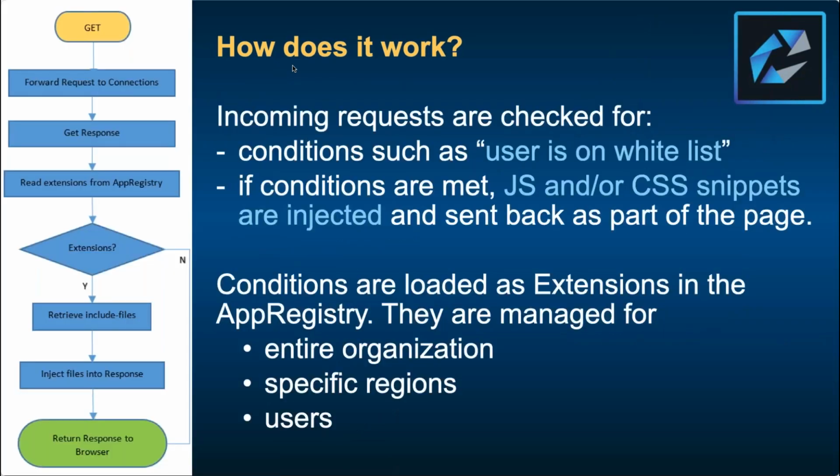And another way to put this is here in this flow diagram to see how the actual process works. So the user forwards a request to Connections, they get a response, but then we have an element called the app registry. And in the app registry, that's where we have the possible extensions loaded.